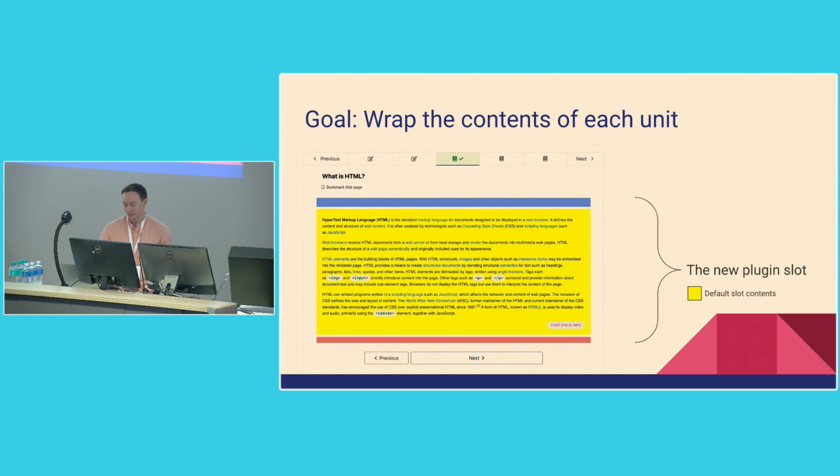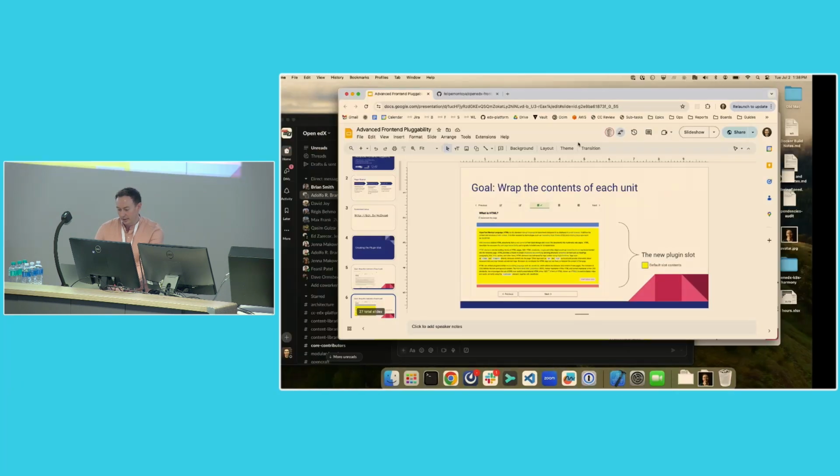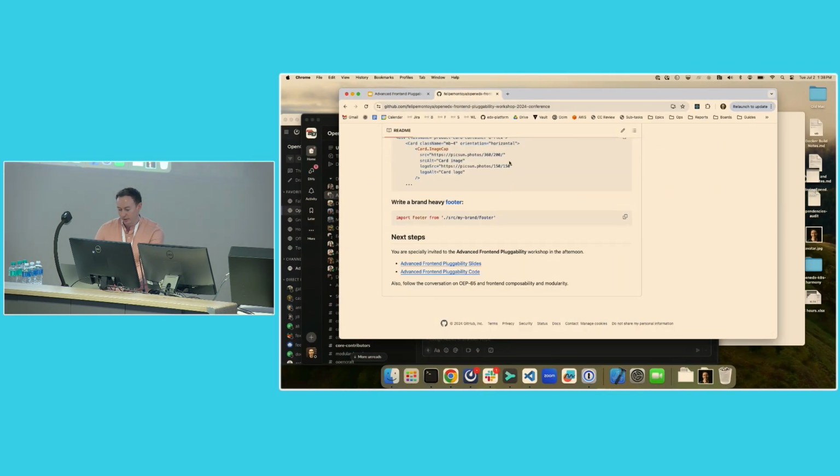I should also mention that if you go to that link and you have the GitHub repo open, at the bottom of the GitHub repo, you'll see a link to the slides. If you want to follow along or even work ahead or catch up from where I am on the slides, use the link there.